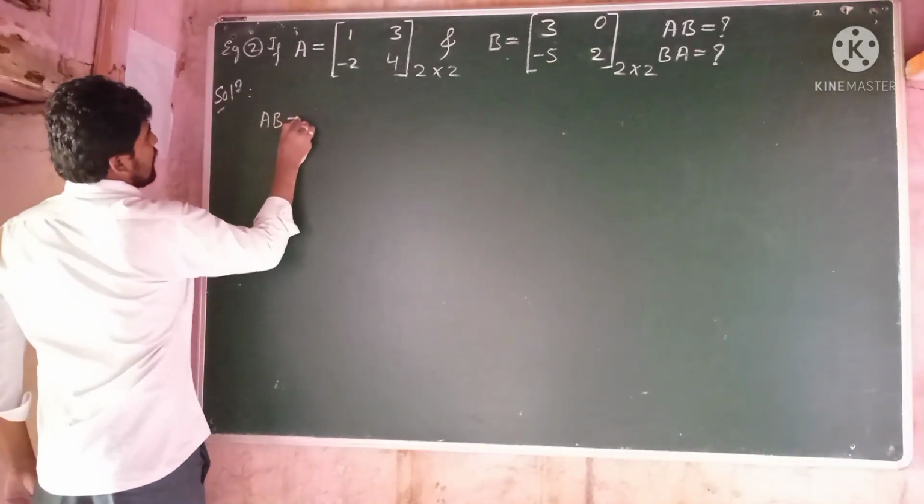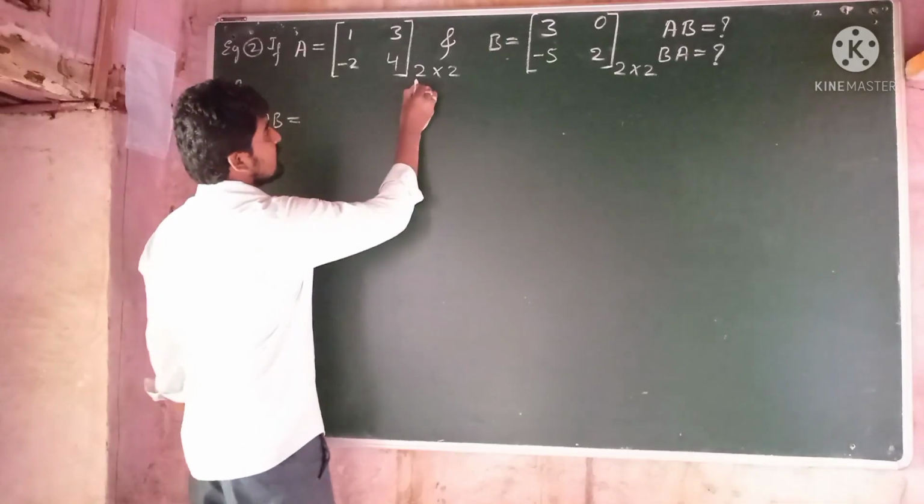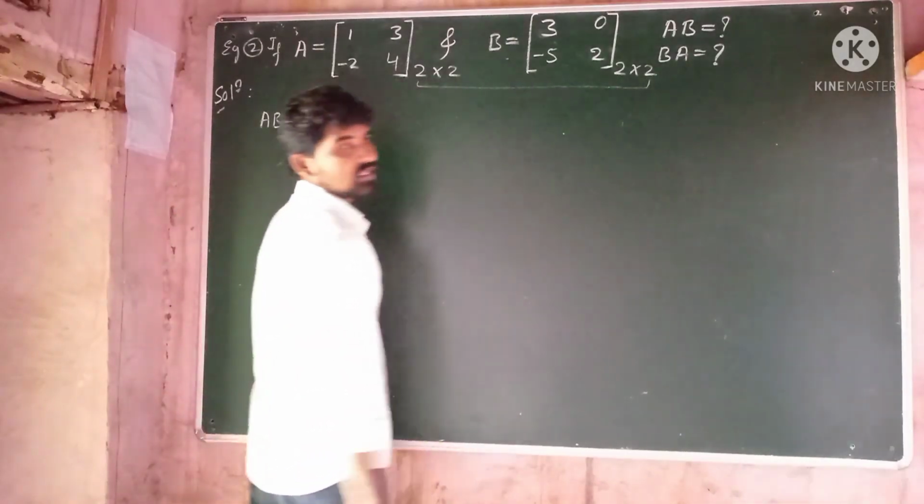And what is the order of the matrix AB? That is also 2 cross 2.